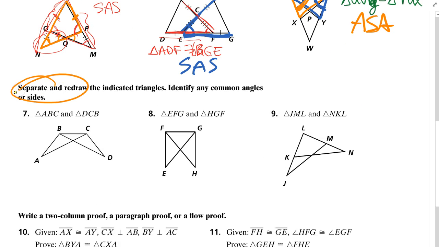Now, separate and redraw the indicated triangles and identify any common angles or sides. So we've got this guy, ABC, with BCD. BC is the common side.